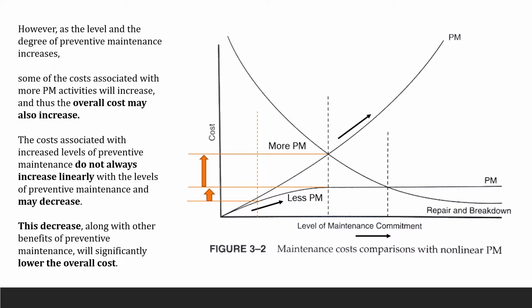In some cases, they go this way. In other cases, they can be maintained at a particular cost. That's what you're seeing between these two non-linear preventive maintenance cost versus commitment level curves.